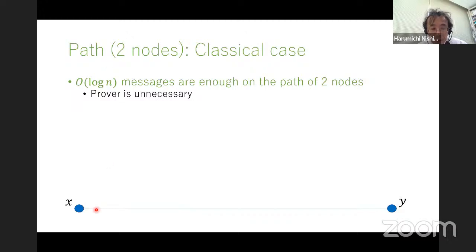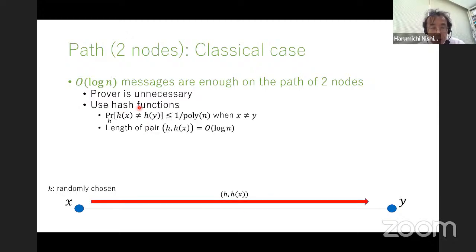First, we consider the two-node path, so R is 1. In this case, an efficient protocol exists in the classical case. And also, we don't need a prover because we can use a hash function. A hash function satisfies these two properties. First, if X is not Y, then the hash value is different with high probability.